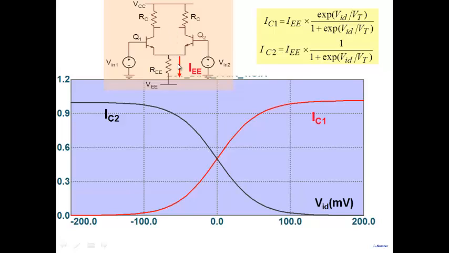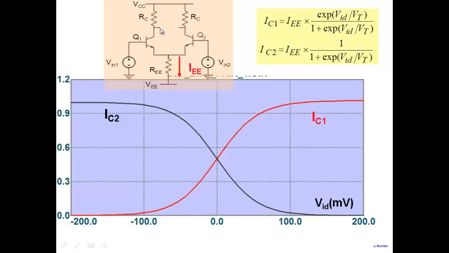Similarly, if you cause IE to flow entirely through the other side, the voltage at this node will rise. In fact, it will become equal to VCC. How do you switch the current? By changing the input voltage. As you change the voltage, the current switches between the two transistors, causing the output voltages to go up and down.